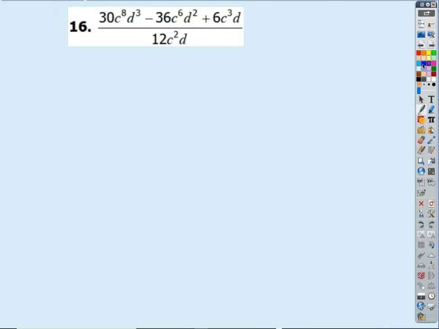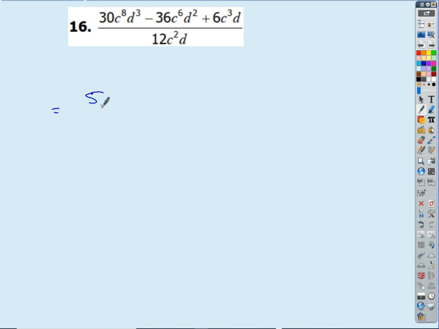We could just do this in our heads a little bit, right? We're gonna divide each term by the denominator. So what are we gonna get for our first term? 30 over 12. 15 over 6. I can go one more than that. 5 over 2. Yeah, 5 over 2.